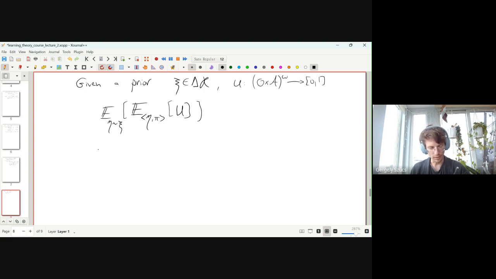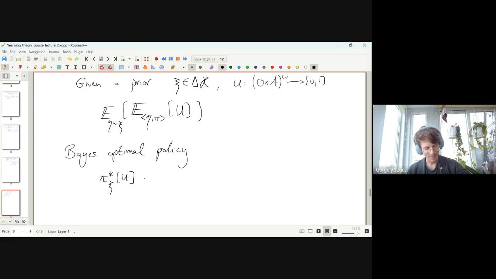And then using this notion, we can talk about Bayes optimal policies. So we write this as, say, pi star psi. I guess it also depends on u. Sorry, I'm not super consistent about what I put as superscripts or in square brackets, but these are just notations for the time being.